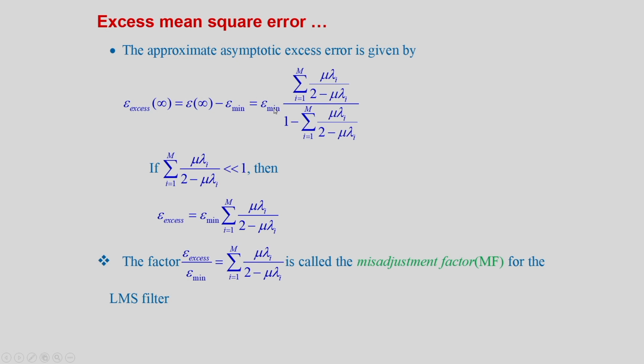It equals epsilon min, the Wiener filter mean square error, multiplied by summation of mu lambda i by 2 minus mu lambda i, going from 1 to M, divided by 1 minus summation of mu lambda i divided by 2 minus mu lambda i, going from 1 to M.